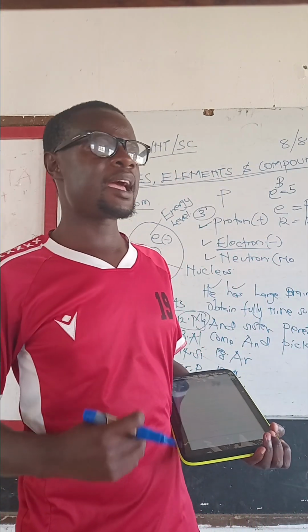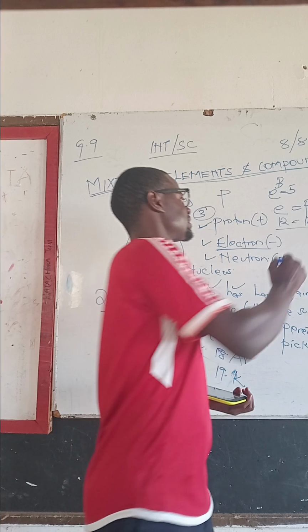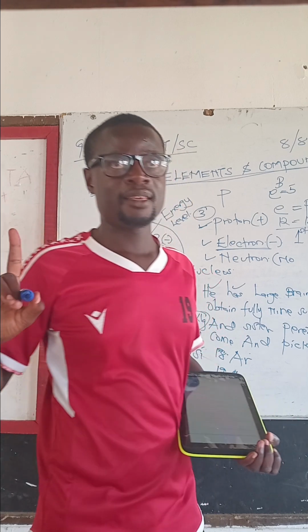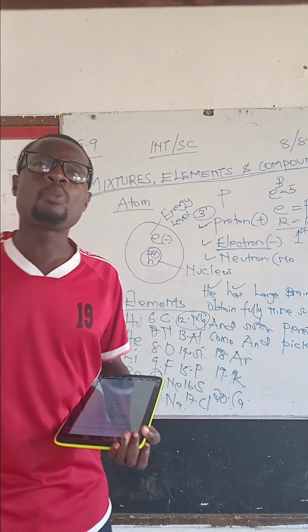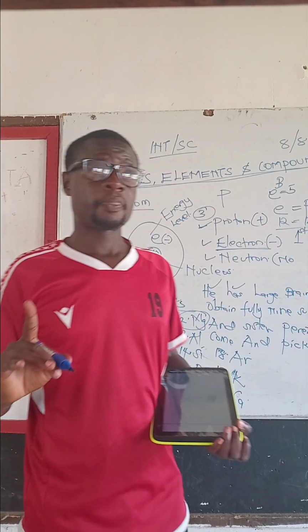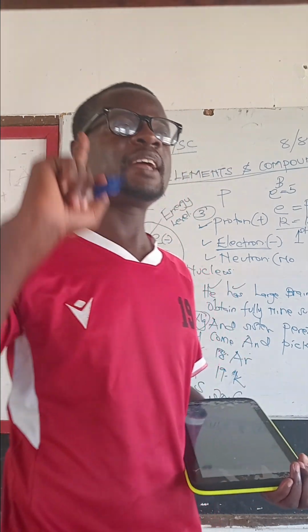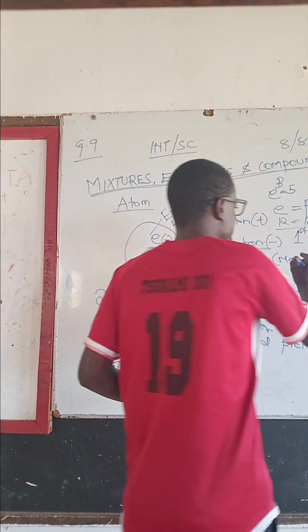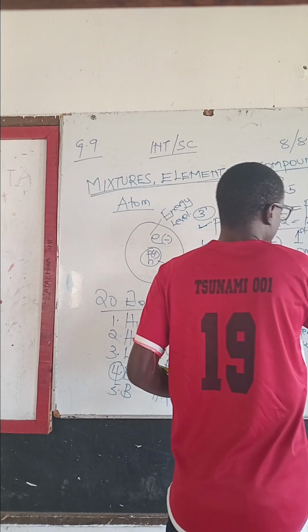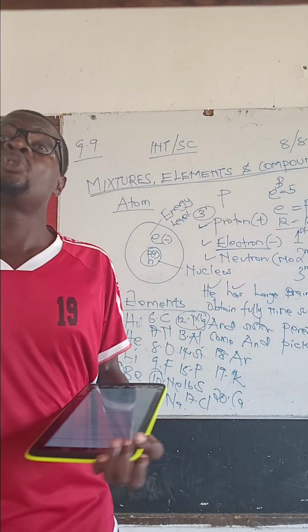So what are the rules that should guide us when we are distributing these electrons? The first energy level can only obtain 2 electrons. Let it not be more than that, that one will be very wrong. The second energy level can accommodate 8. The third can accommodate 8. It can accommodate less, but not more than 8.